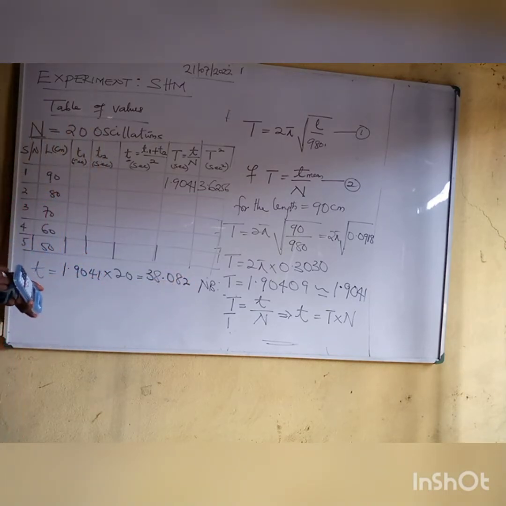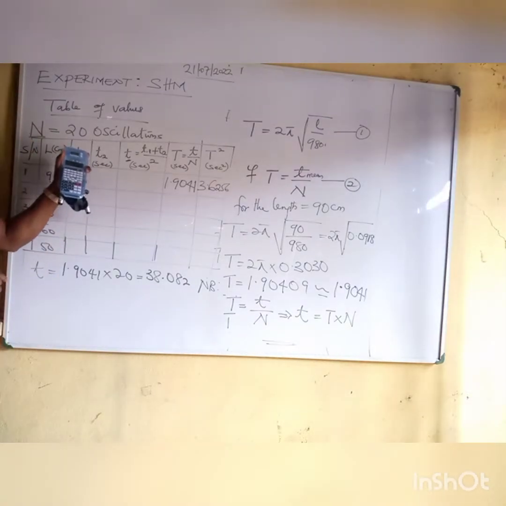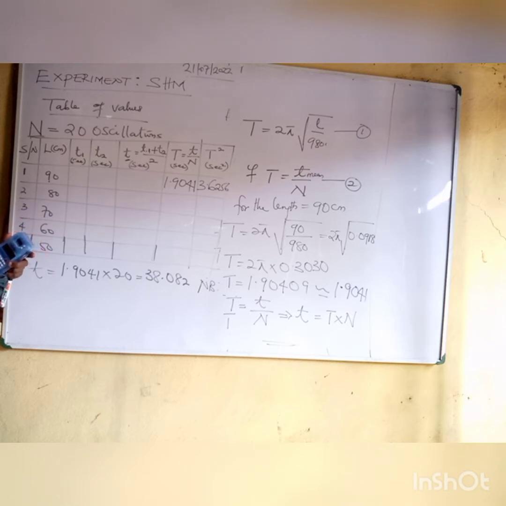But T mean is as a result of T1 and T2. T1 and T2 are gotten from the stopwatch, which means we are measuring it with an instrument. Then what are we going to do?